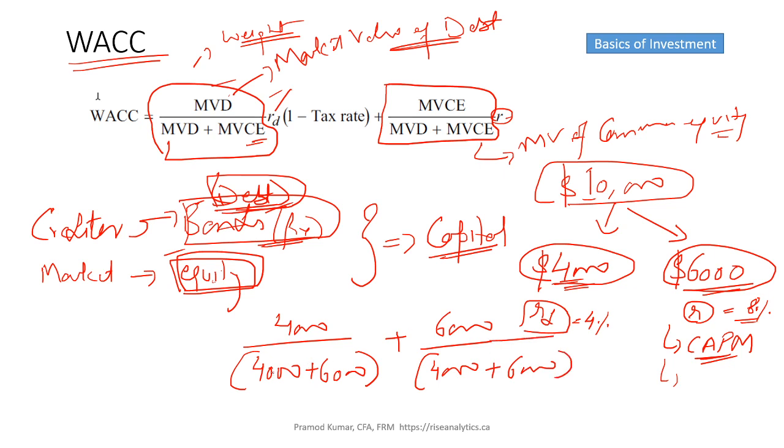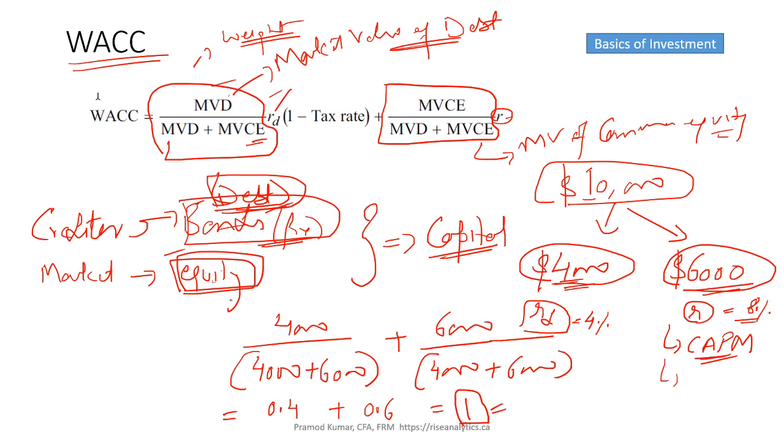If I compute this, it will come out as 0.4, plus this one is 0.6, which equals 1. One thing to note here is these weights should always add up to 100%.